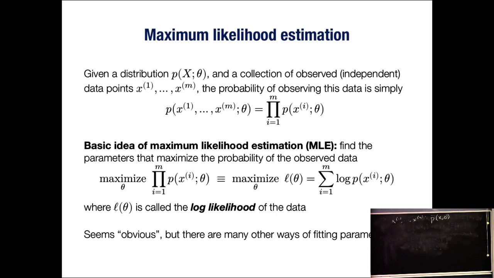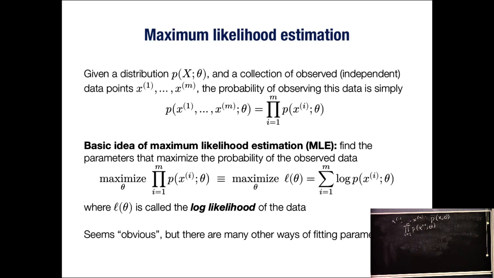And this actually is something called the independent identically distributed assumption. So we're assuming that each of these data points has the same distribution, so the same value of theta, and we're going to assume they're independent. So the joint probability is just equal to the product from i equals 1 to m of the probability of x^i given theta. Right, that's the probability of the data under the distribution specified by that parameter.